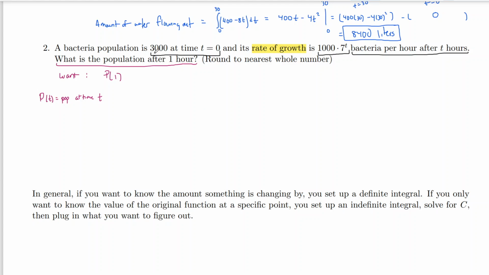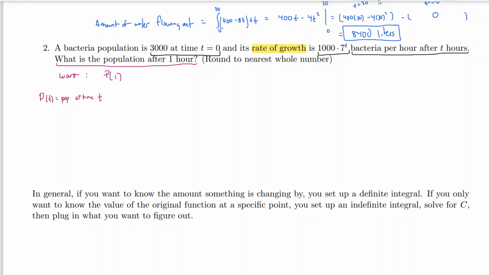So when we integrate it, the time interval still represents the same thing. It's still telling us the amount after so many hours. So we just want P of 1. We don't want P of 1 minus P of 0, because if we did P of 1 minus P of 0, we would be answering how much population was added during the first hour.